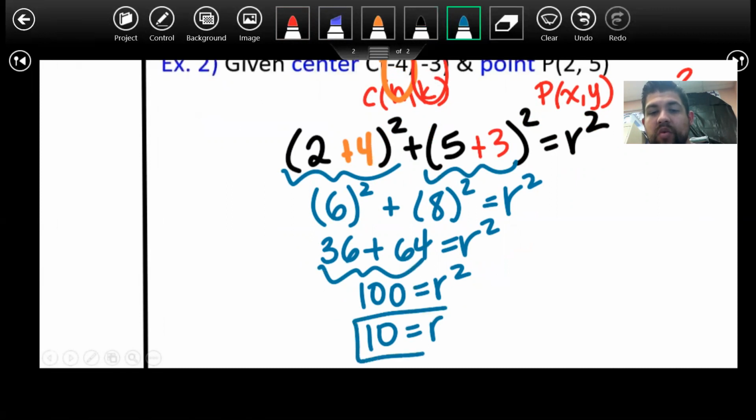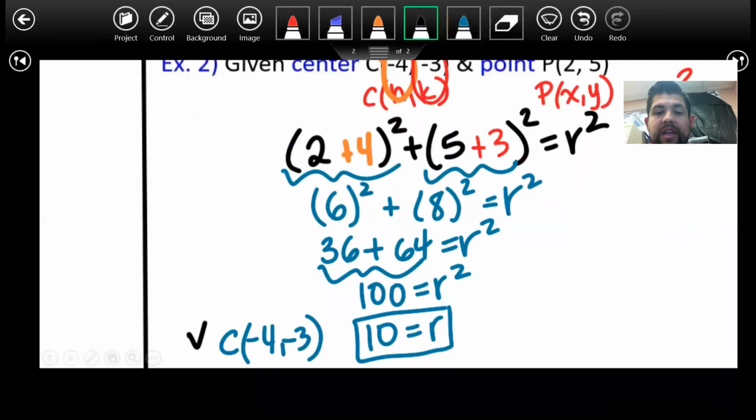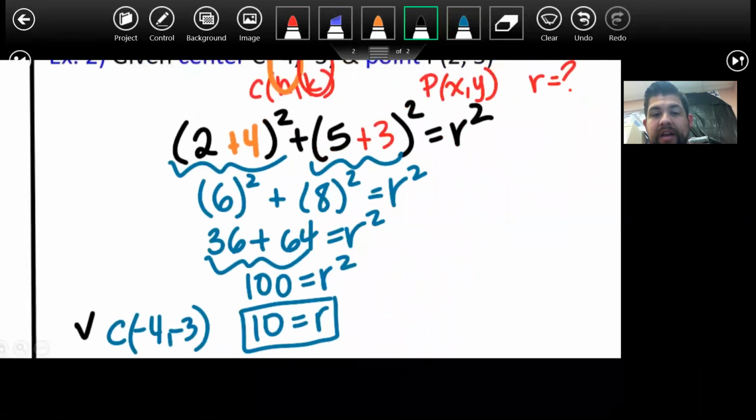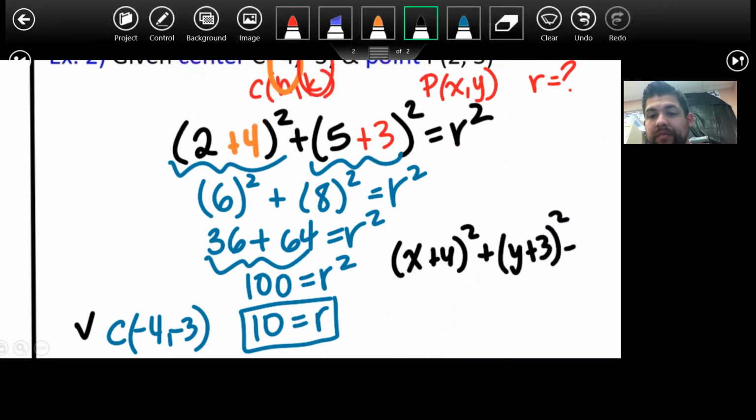positive. With this and our center of -4, 3, just like we did before, we're going to go ahead and write the equations that these correspond to. So this is going to give me, with a center, x plus 4 squared plus y plus 3 squared is equal to 10 squared.